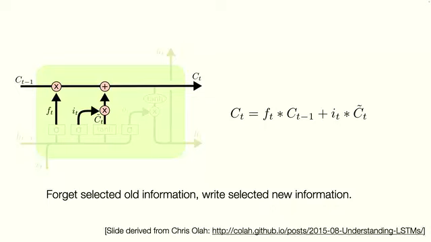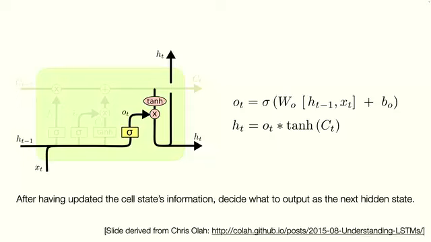So in this case, it's removing information and adding information. OK, so now after you've updated that information in the cell state, we're going to decide what gets output to the next hidden state. It's not mathematically similar, but we just learned about transformers, where we have the keys, queries, and values.